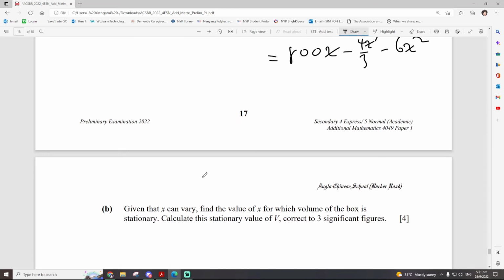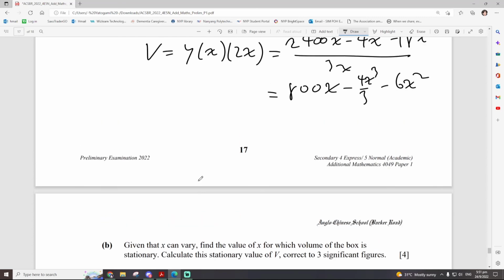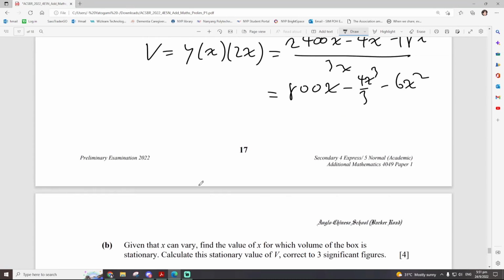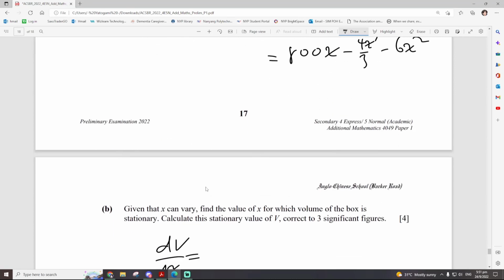Given that x can vary, find the value of x for which the volume of the box is stationary. So we have this, so we want to find dV/dx equals to, so differentiate each term, 800 minus 4x squared minus 12x. Okay.